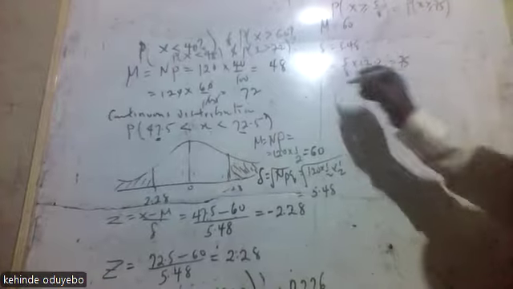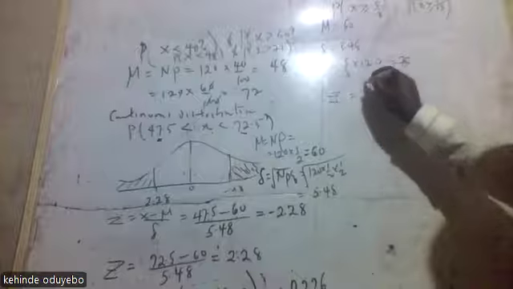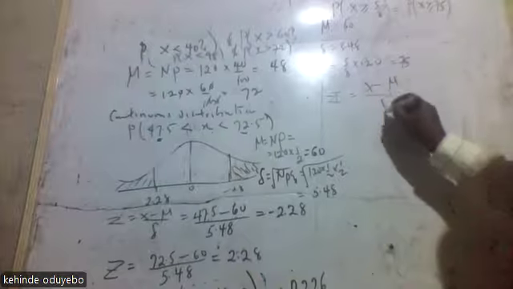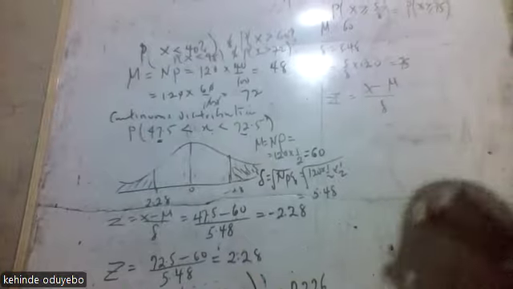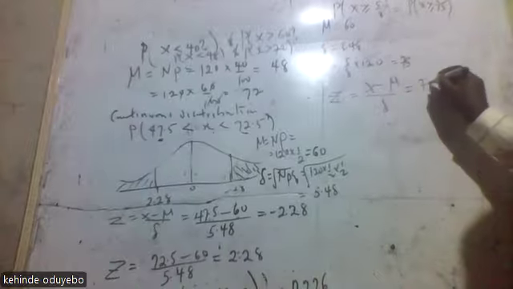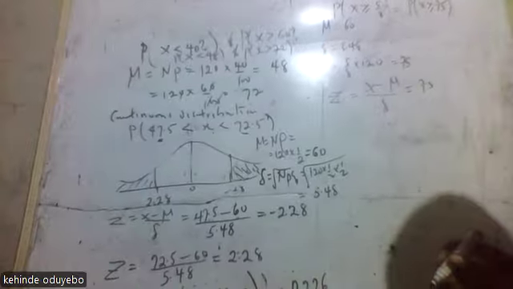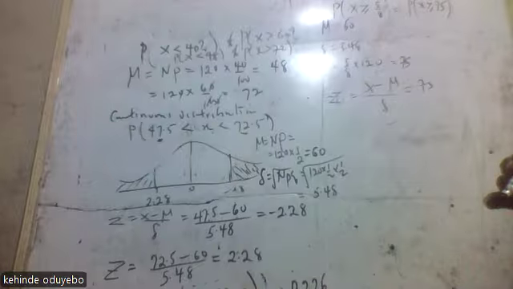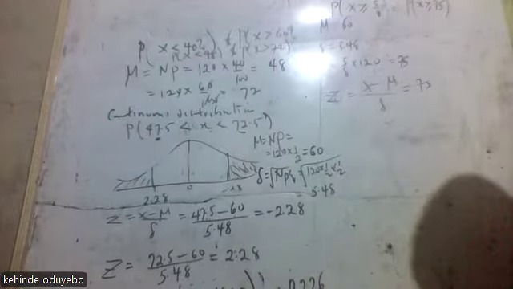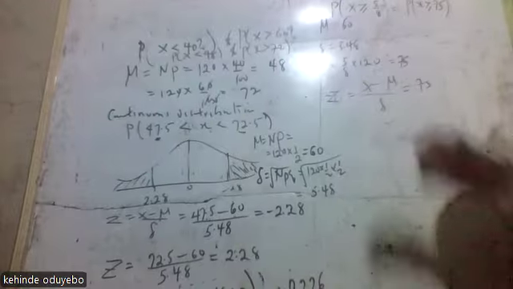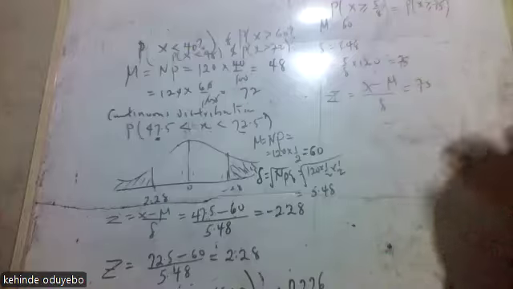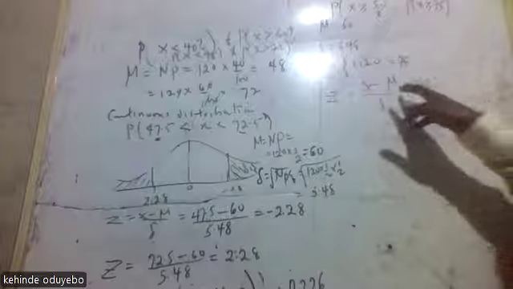So let me calculate for z again. z will be x minus mean over standard deviation, right? So this will be 75. Now, because it is continuous, once it is greater than, you will come down by removing the 0.5.